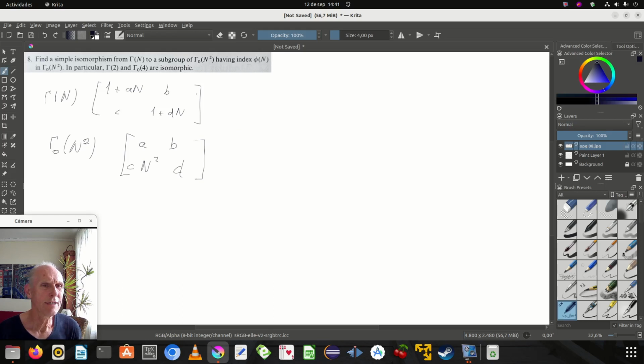And since it needs to be an isomorphism, I would like to have a similarity transformation such that if we must multiply c by n, then we should have n in the bottom.